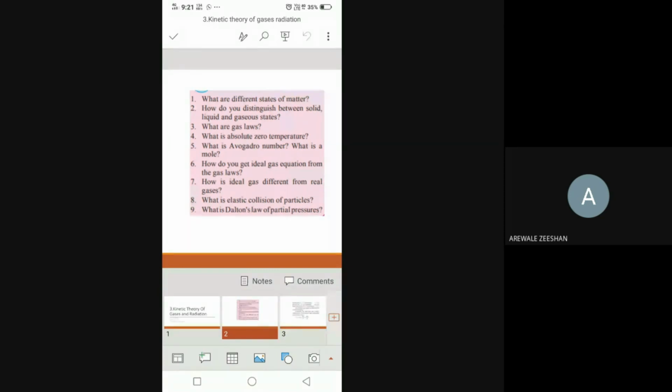In case of absolute temperature, we consider absolute zero temperature. Do you know what is meant by absolute zero temperature? At absolute zero temperature, all the substances, including vapors and gases, become solid.